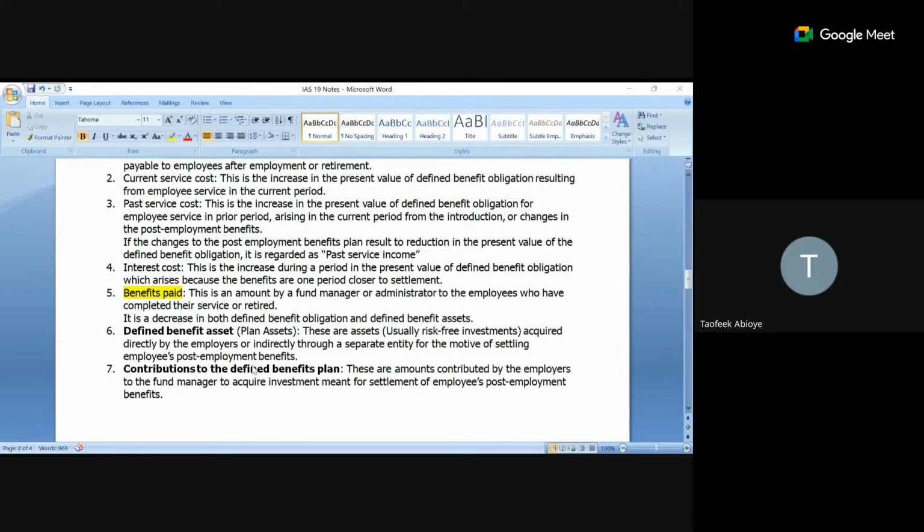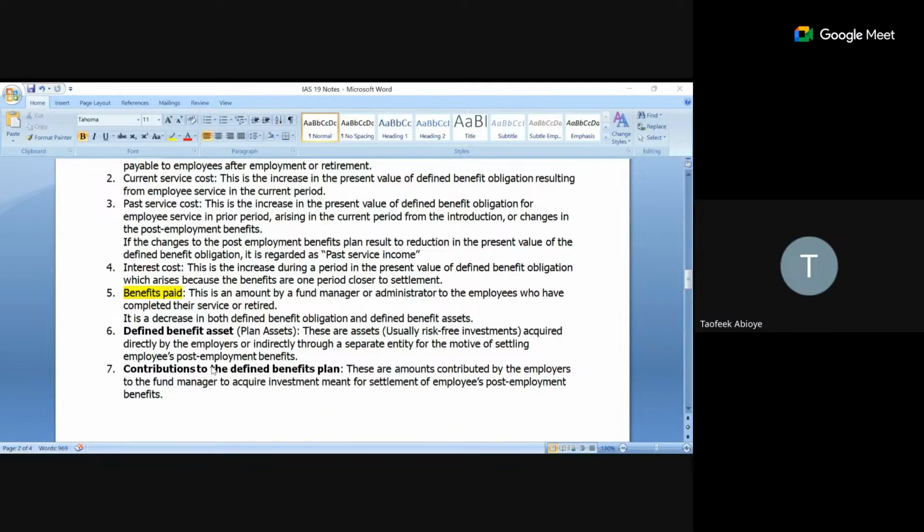Now, we have contribution to the defined benefit plan. You see that I highlighted it, I bolded it. This is a contribution. Remember, in a defined contribution plan, the contribution is fixed. But in a defined benefit plan, the contribution is not fixed.